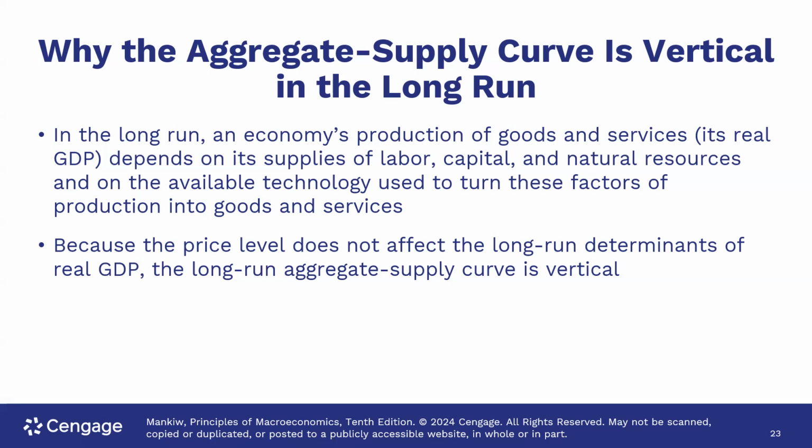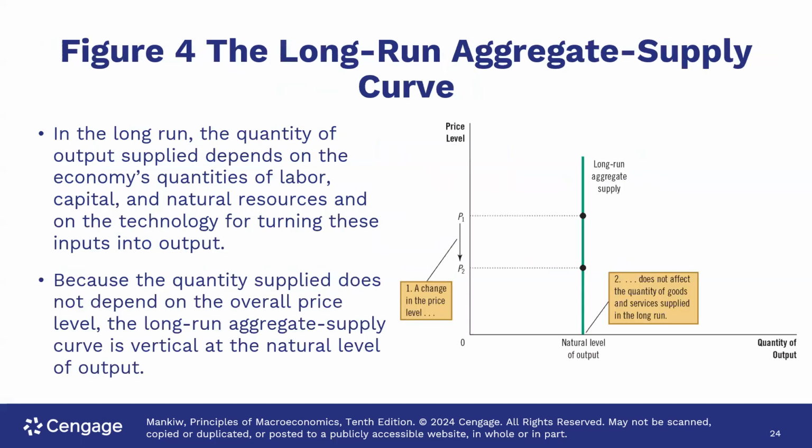Human capital, physical capital, natural resources, and the technology. So all those factors are unaffected by the price level. So in that case, the long-run aggregate supply is vertical. So it means that no matter what the price level is, the production just cannot exceed its capacity.